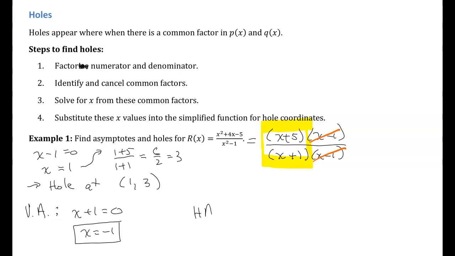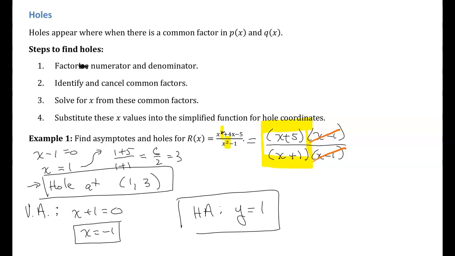And then for our horizontal asymptotes, let's look at the original function here. The degrees are the same here, 2 and 2. So we're going to have y equals 1 for our horizontal asymptote. So there's our hole, there's our vertical asymptote, and there's our horizontal asymptote.